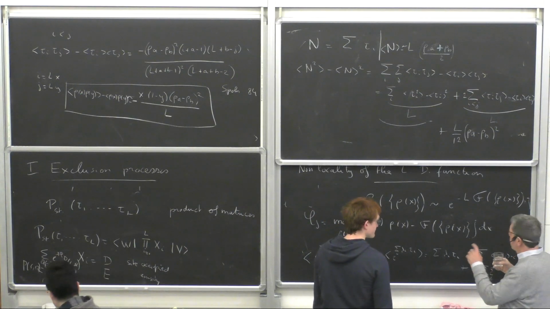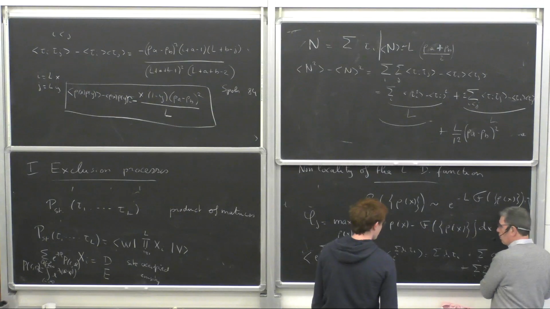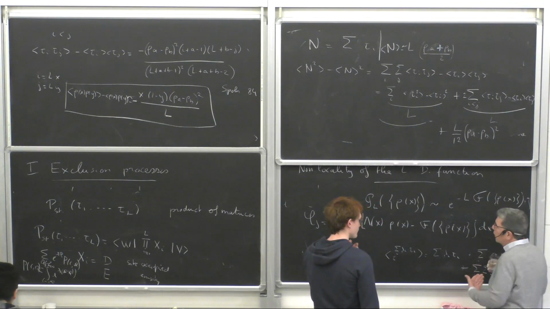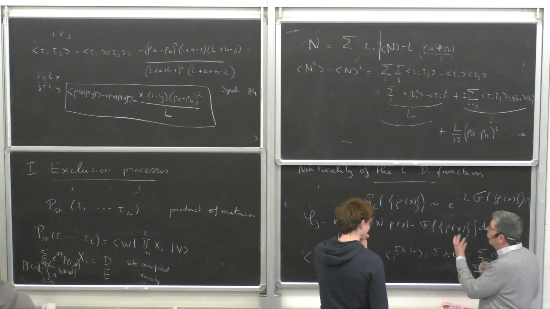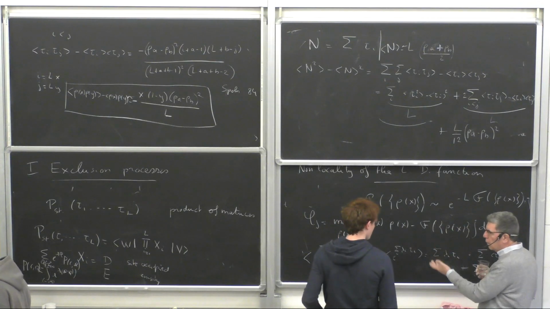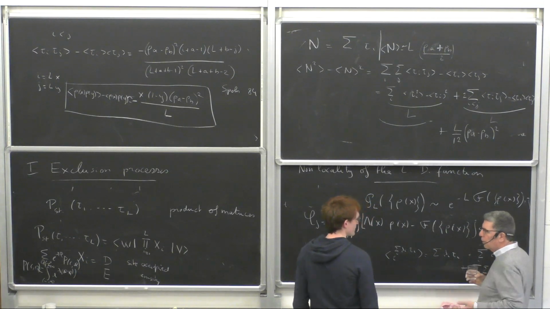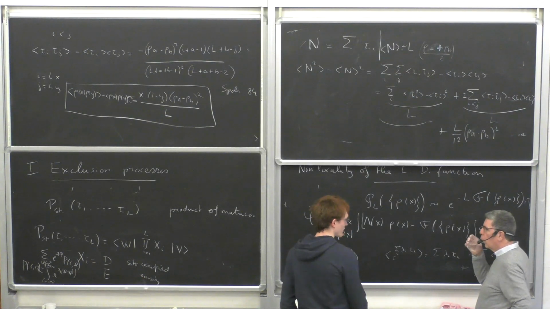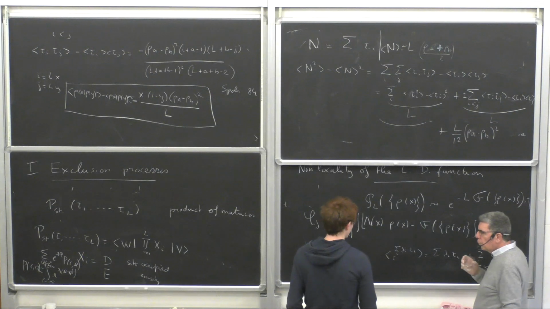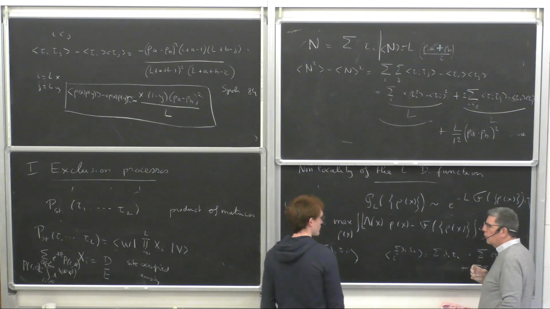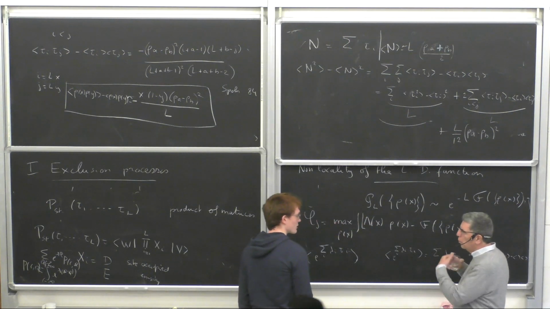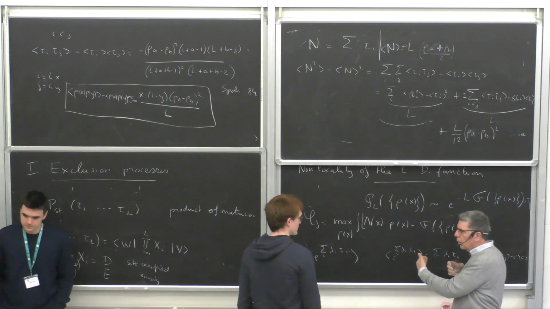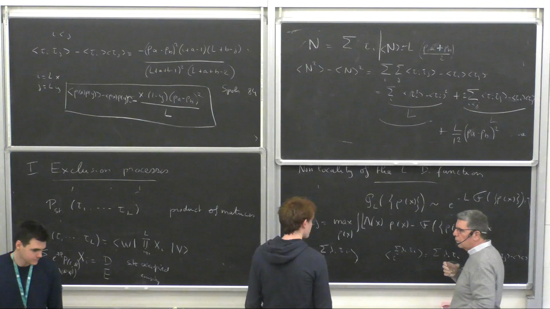I say that in this expansion, lambda i is small. I use this expansion just to illustrate the fact that it's non-local. We will see that it's non-local by other means. It was not the final thing. It was just to give you the feeling that already at this level you can say that it's non-local.